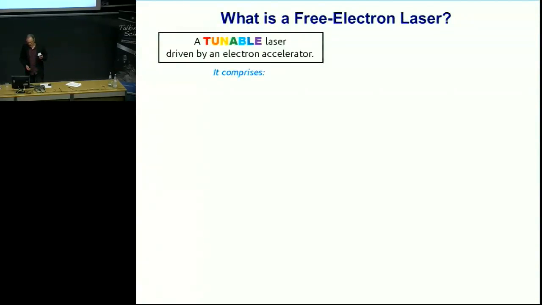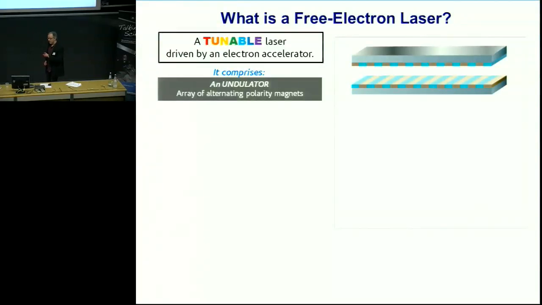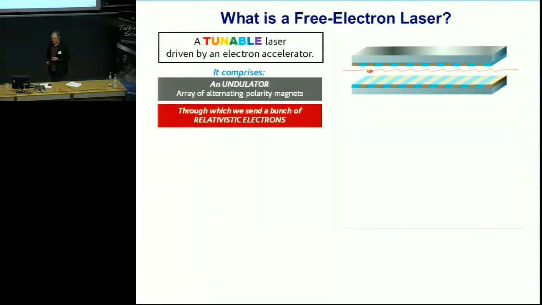It comprises an undulator, a conventional kind of planar undulator, a series of blocks of magnets. People from Diamond will be familiar with these already. Through it we send a bunch of relativistic electrons. In the X-ray sense, relativistic electrons means 1, 2, 3 or more GeV.